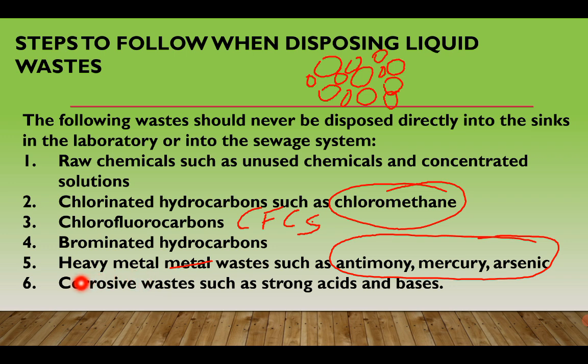They destroy metals that come in contact with them. Some water sinks are made up of metals, so once they come in contact with the acids, the metals can be damaged. Bases with a very high pH, like sodium hydroxide, are also highly corrosive, so they should never be disposed of directly into water sinks.